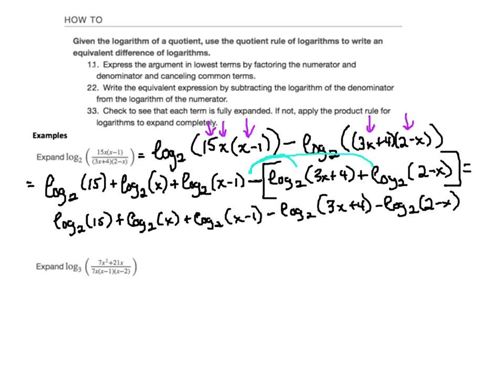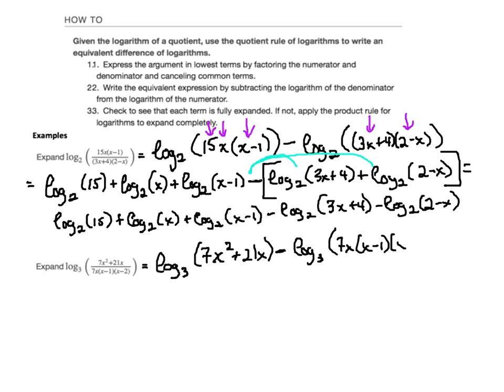All right. Looking at this bottom one here, this is the same thing as log base 3 of 7x squared plus 21x minus log base 3 of 7x times x minus 1 times x minus 2.